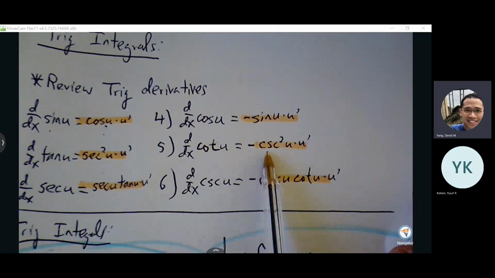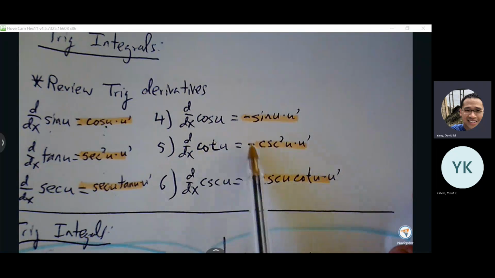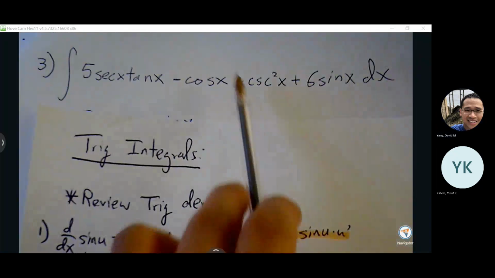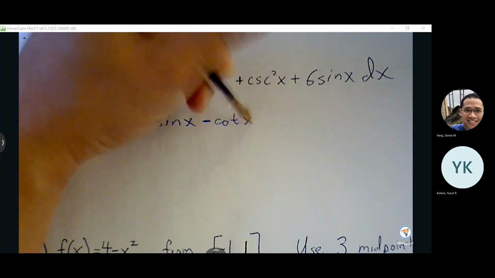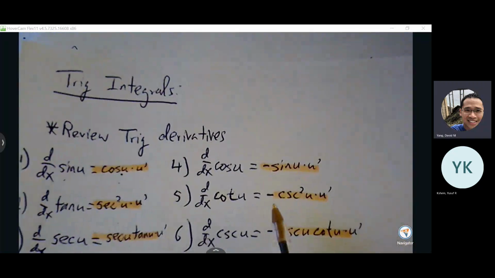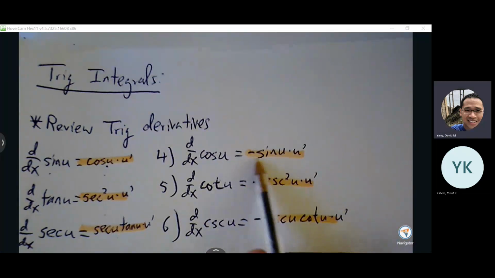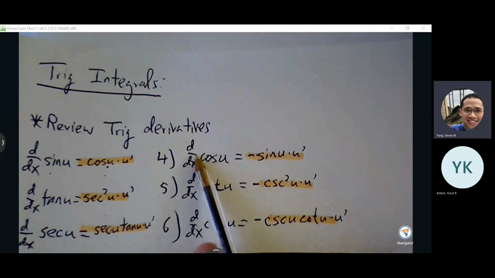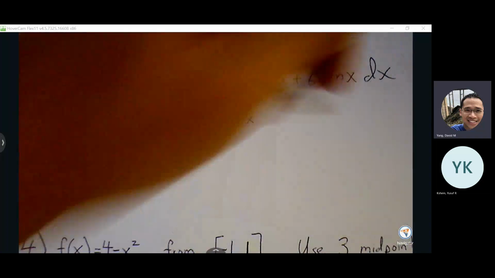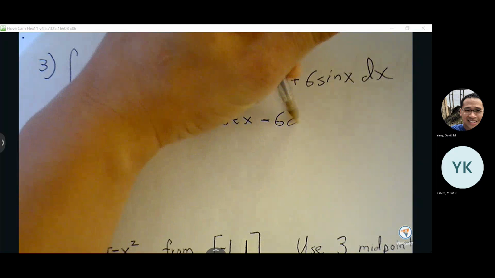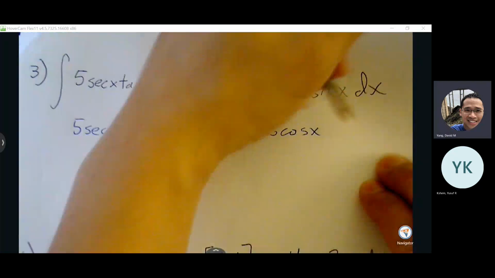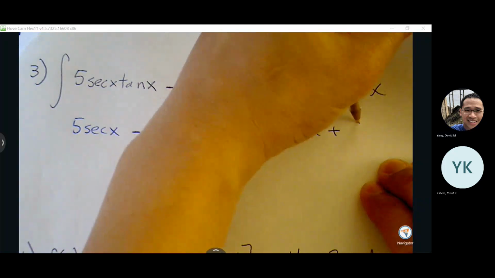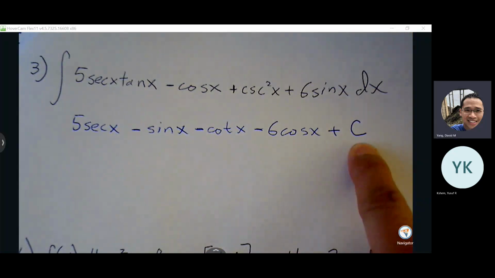So because negative cosecant squared is cotangent, cosecant squared must be a negative cotangent. And then sine x becomes what? Good. The negative has to go somewhere, so it has to go with a cosine, negative cosine, -6. Each of these, they do produce their own plus c's, but we can just kind of gather all that together and just put plus c once.